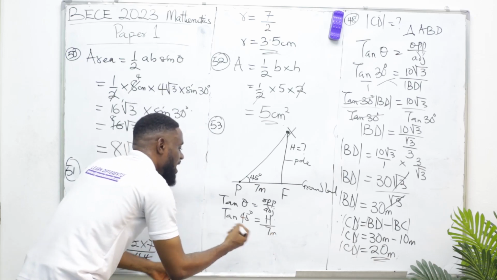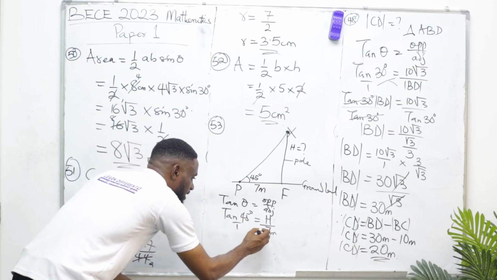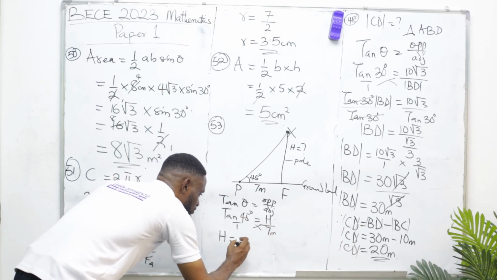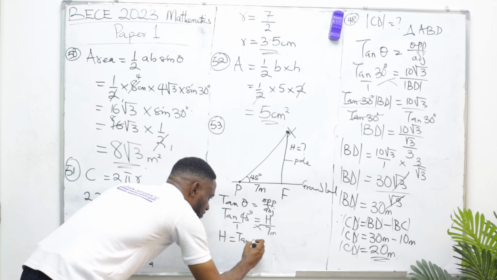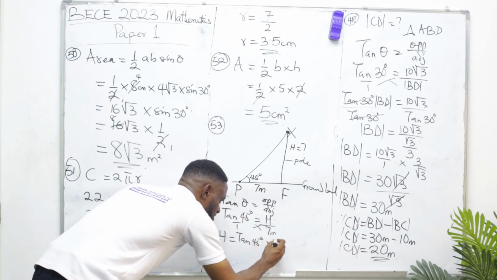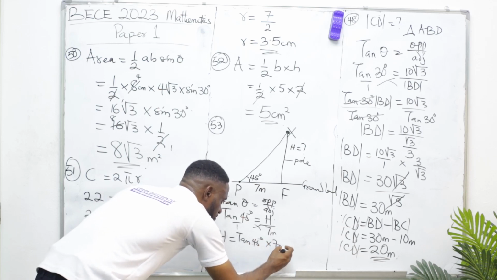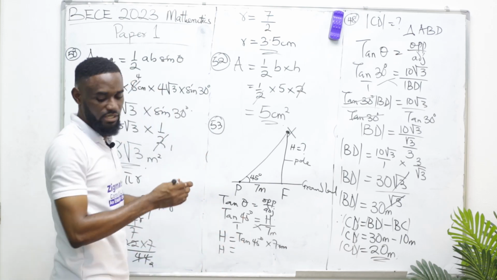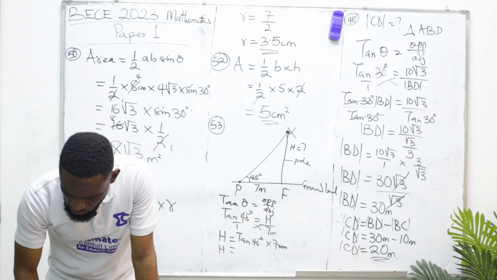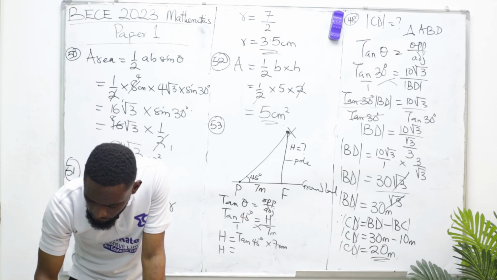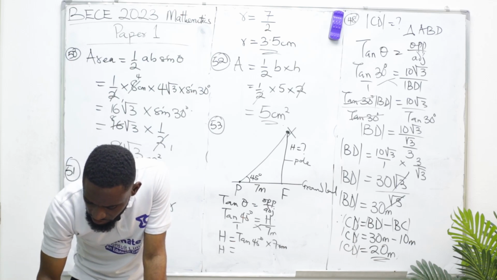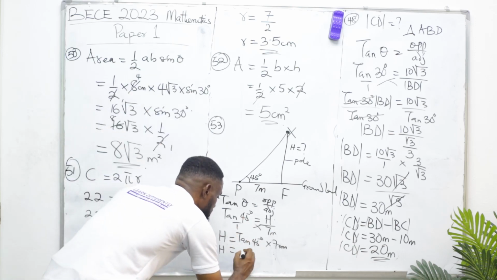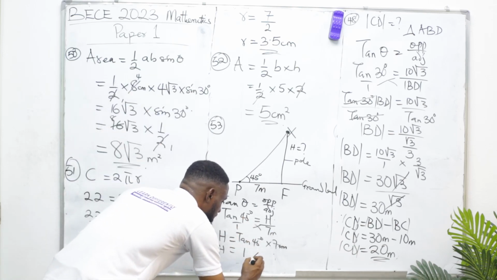So it means that our height, if we cross multiply, height times 1 is height, is equal to tan 45 degrees times 7 meters, right? So height will be equal to tan 45 degrees times 7. I think tan 45 should be 1 or something. Let's see. Tan 45 degrees is equal to 1. Yeah. So tan 45 degrees is equal to 1 times 7 meters.